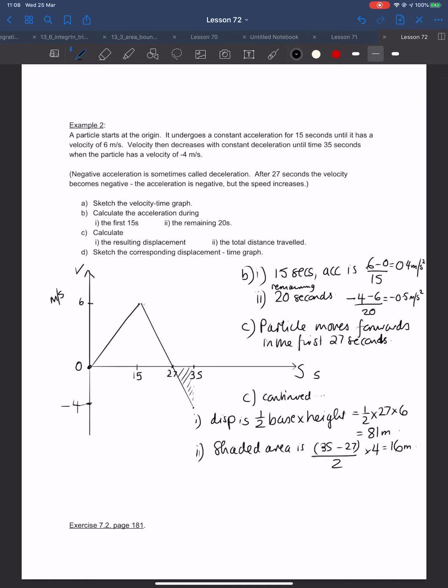Now it's moving backwards in those last 8 seconds, and that's because the velocity turns from positive to negative.